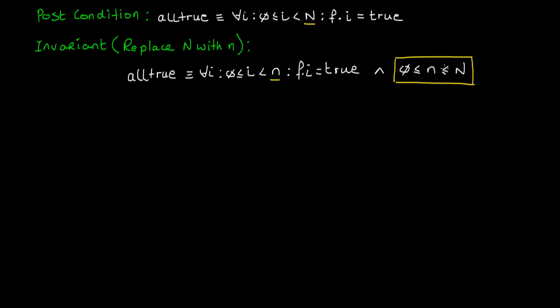The loop will stop us from accessing any elements past the end of the array. So this isn't a problem. In fact, it's necessary because after the loop finishes, we want small n to be equal to large N. So this is critical, that we allow small n to be less than or equal to large N. You'll notice in this part that it's i greater than or equal to 0 less than n. So as n increases, this segment here will grow.